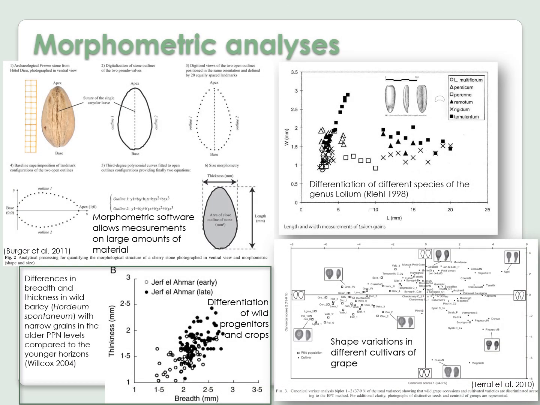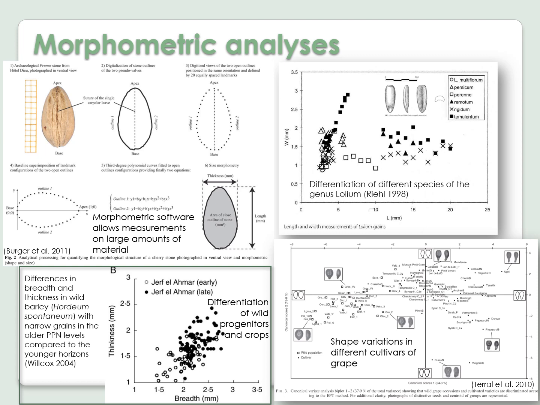Other basic laboratory analyses are morphometric studies that have been earlier used to investigate shape variations of cultivars in prehistoric and historic sites, such as for grape. Since digitalization of measurements through application of morphometric software has entered the archaeobiological laboratories, more complex shape variation could be investigated, thus allowing evolutionary conclusions based on the investigation of large amounts of material.